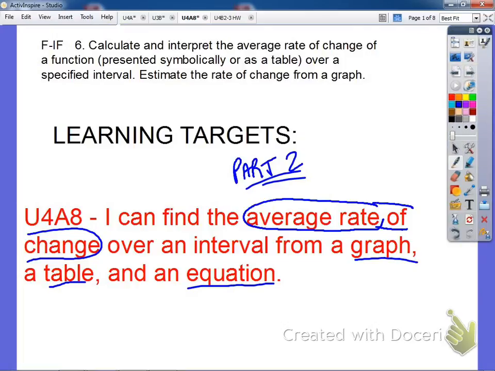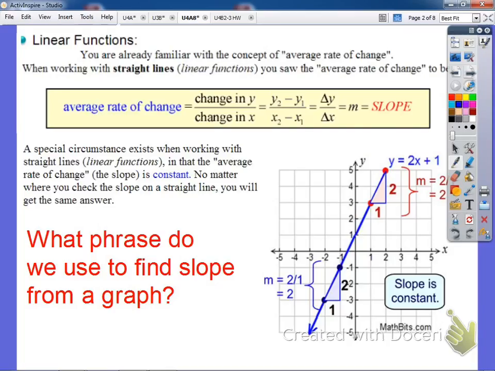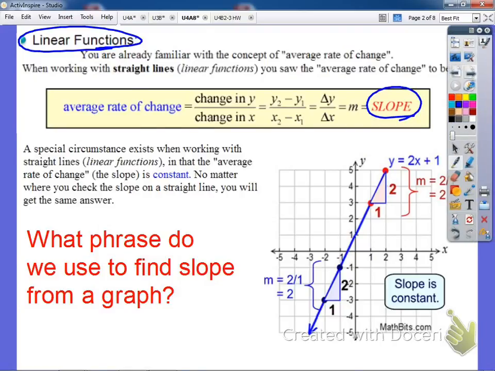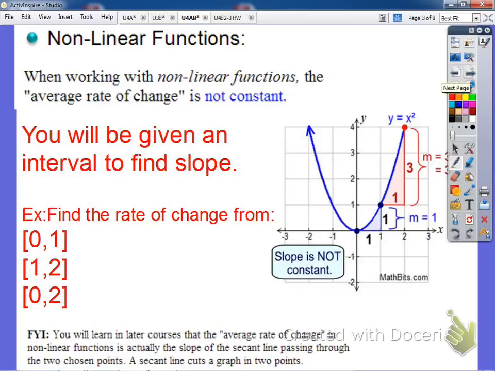So in the previous lesson, we looked at finding the average rate of change for a line. And we concluded that the average rate of change for a line is just the slope of that line, which we said was the rise over the run and so forth. Okay?